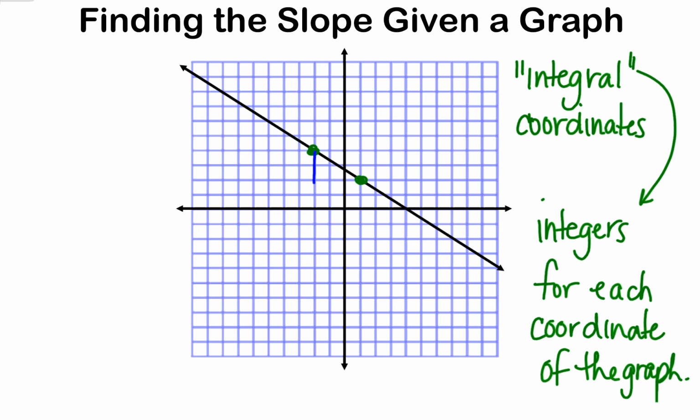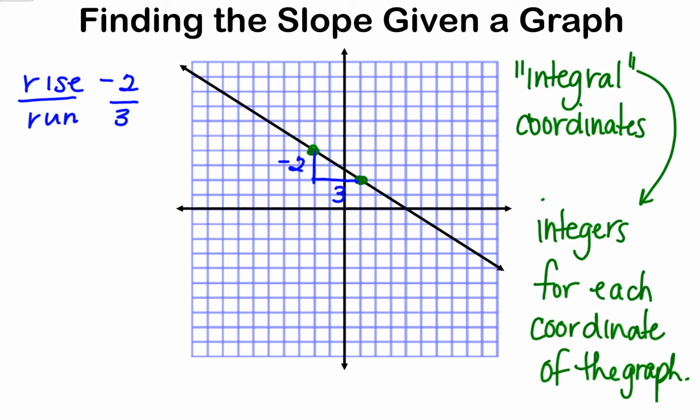So I'm going to draw in my rise and my run. I get -2 as my rise and 3 as my run. I know that I can find slope by doing rise over run, and I would get -2 over 3. Just going to pull that out over there.